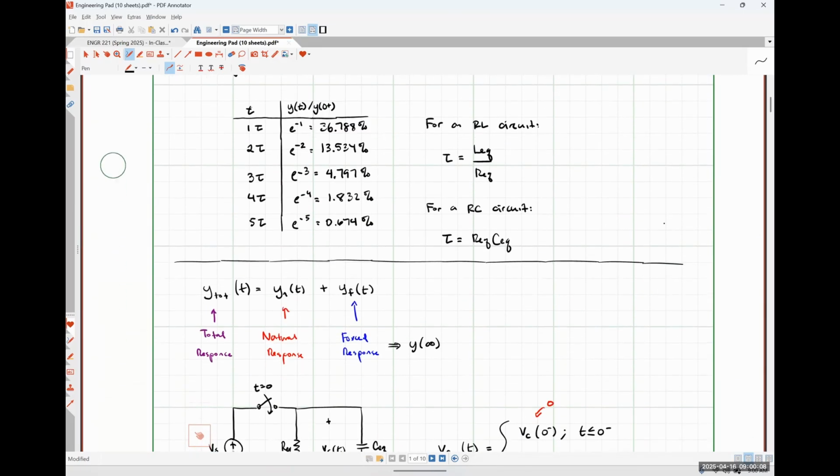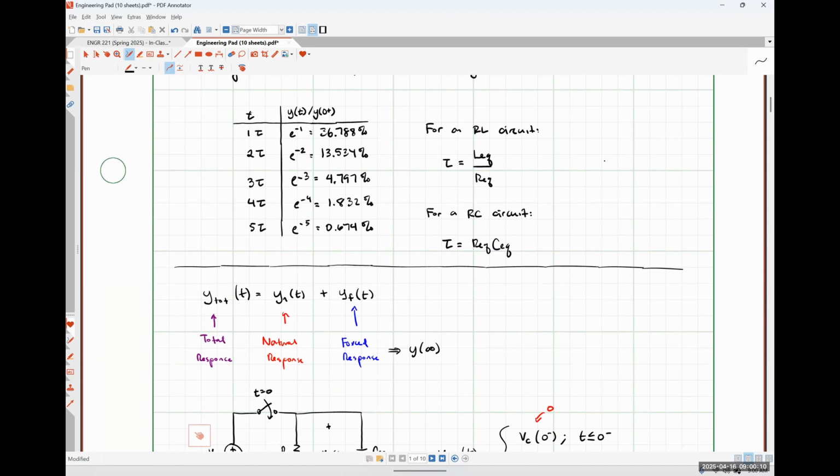So if I have a basic RL circuit where I have something e to the minus REQ over LEQ, if I substitute in a value for time that is LEQ over REQ, this becomes e to the -1. This thing right here, then by definition, has to be tau because it makes that e go to just -1.